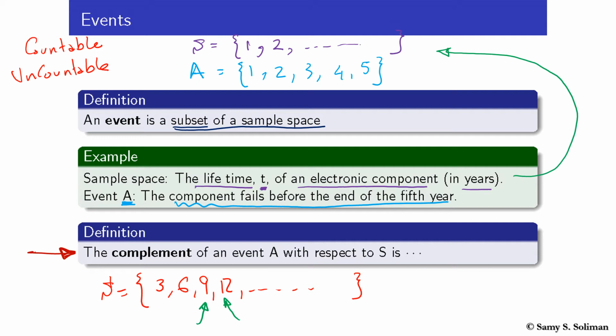So in this example, the complement of event A is all the numbers in sample space S that are not included in A, which are the integers from 6 to infinity. That's why it is important, when we talk about the complement of an event, to determine that it is considered with respect to a sample space, because it's all the elements in the sample space that are not included in the event itself.